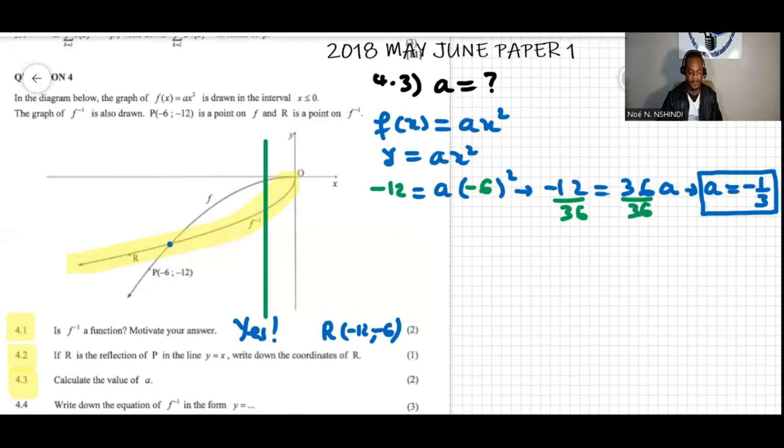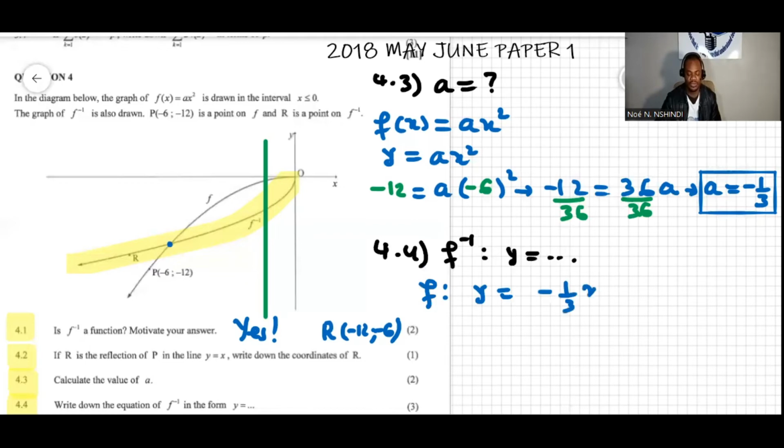Okay, and then the following question is question 4.4. The question says, write down the equation of f^-1 in the form y = . So we're looking for f^-1 in the form y = . Now that we know the value of a, the equation of f will be written as y = -1/3 x^2. Now f^-1 is when we switch the variables x and y.